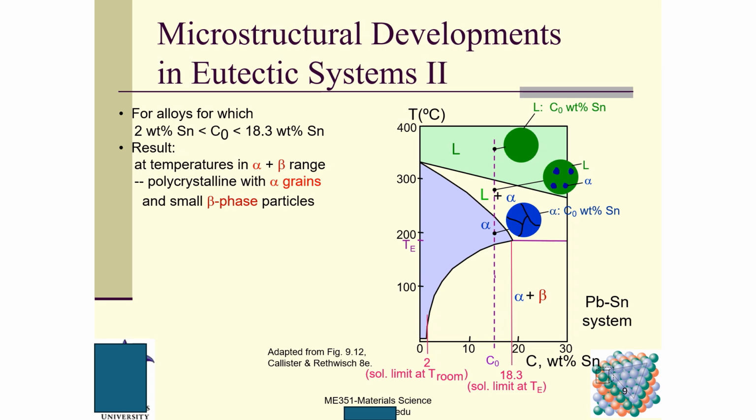And then if we go further down and pass this point into the alpha plus beta area, we will have alpha, and the beta is tiny particles embedded in these alpha grains.